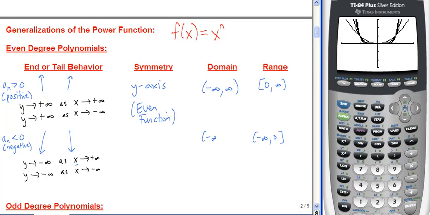Okay? One other comment I want to make here before we move on is that the bigger the power, so the larger that exponent gets, the flatter the graph gets near 0, near the origin, and the steeper it gets.